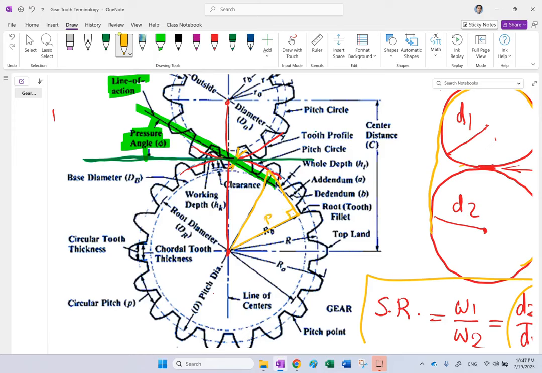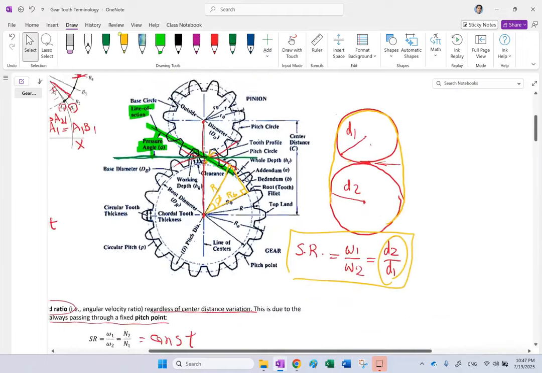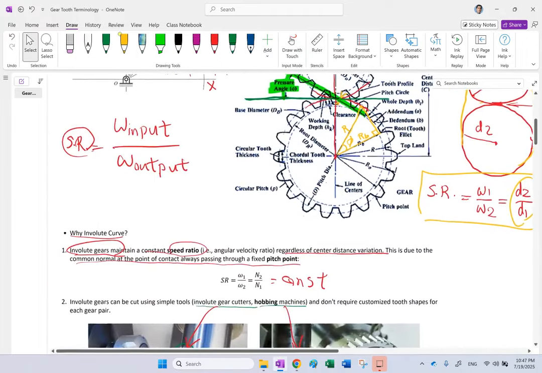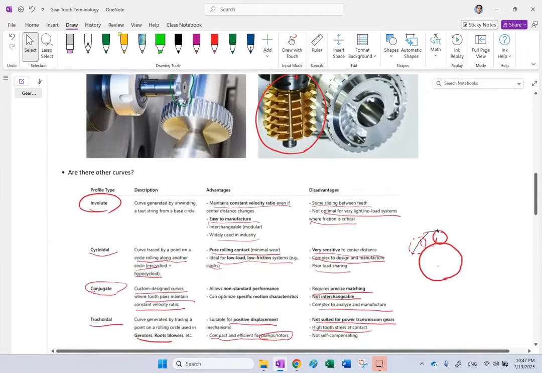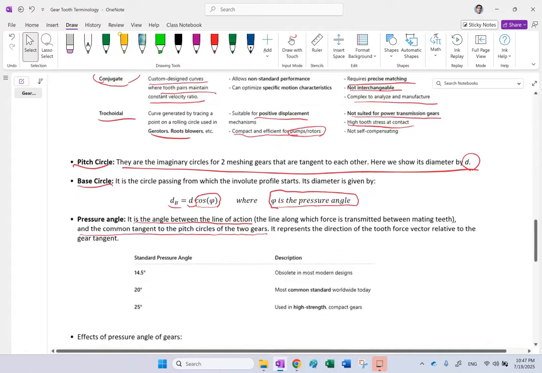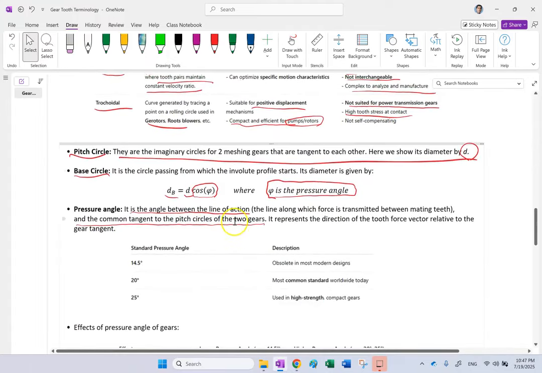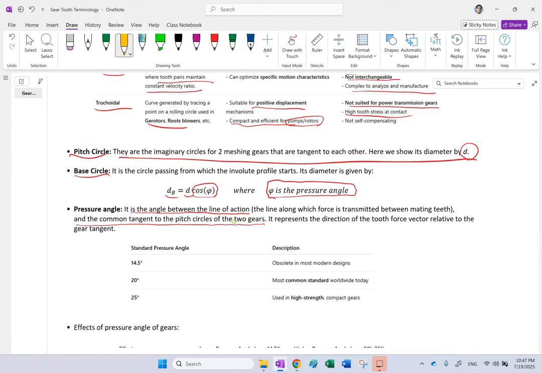You can show this is RB, this is R, and this angle is phi, and RB and R are related by cosine of phi. It's not really such a hard thing to show. Again, I'm not after proof here, but if you want, I can show it to you in a future video, or you can look it up yourself. So these two are clearly related.